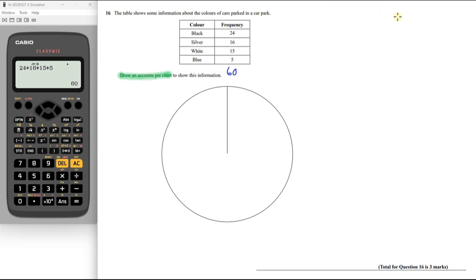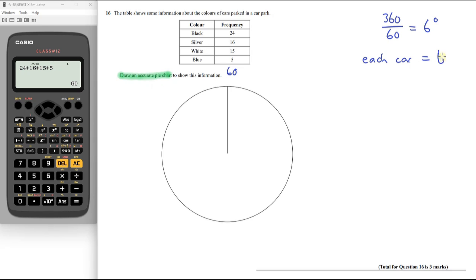So if we know that there are 360 degrees in a circle, and there's going to be 60 cars, to work out how many degrees there are for each car, we just do 360 divided by 60, and that gives us 6 degrees.